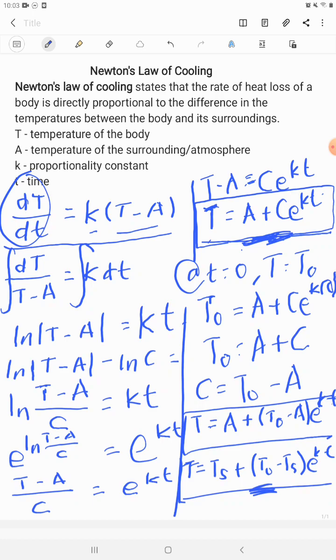That is, the rate of change of the temperature of the body is directly proportional, with proportionality constant k, to the difference in the temperature of the body and the surrounding.